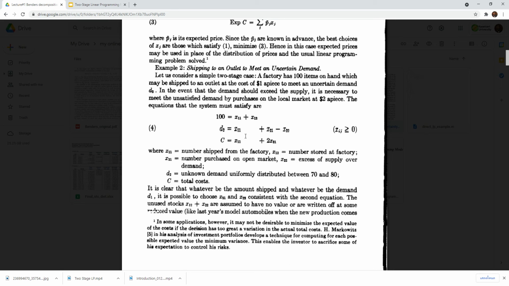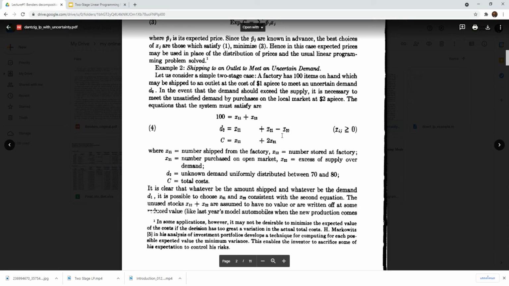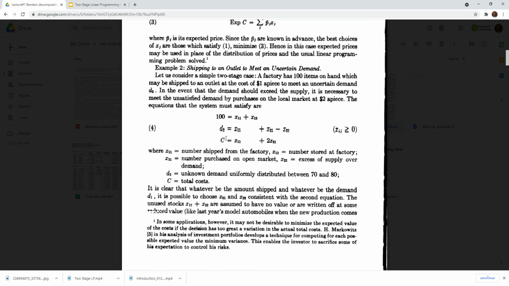You see that x sub 1 1 with D2 is the one that is like Ax equals b in the model. This one is like u and v, plus u minus v. But at that time the notation of u and v was still not very popular. This is way back in 1955. This is how Dantzig used to explain the model. And for the total cost here, he didn't use the c sub u here, he used the capital C. You know that x sub 1 1 has a shipping cost of $1 a piece.